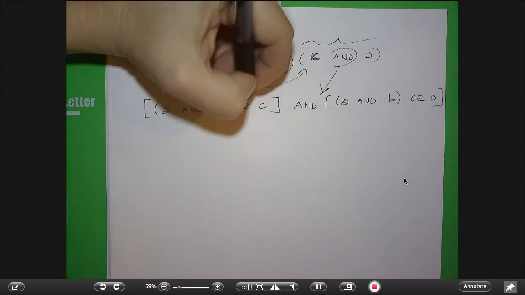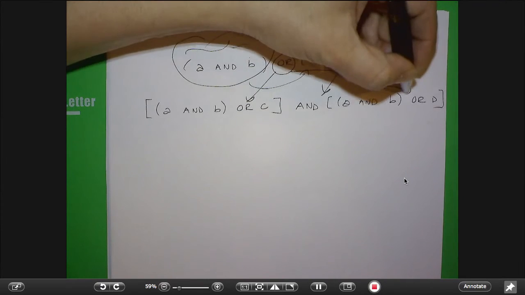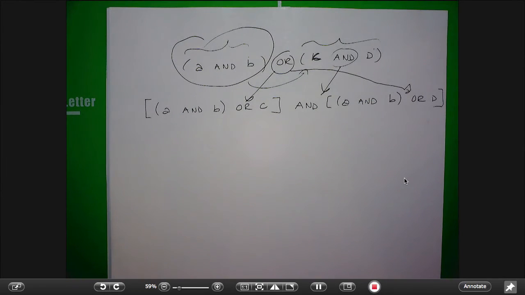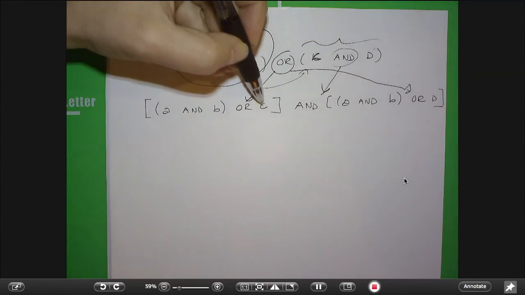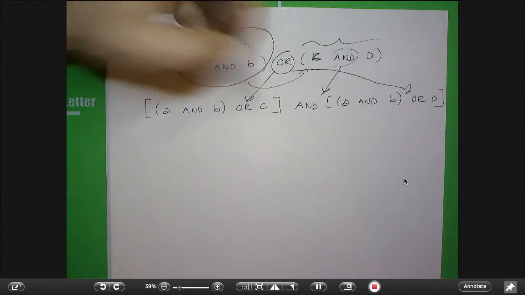This or goes to here and here. You can continue further by distributing this C or these two.